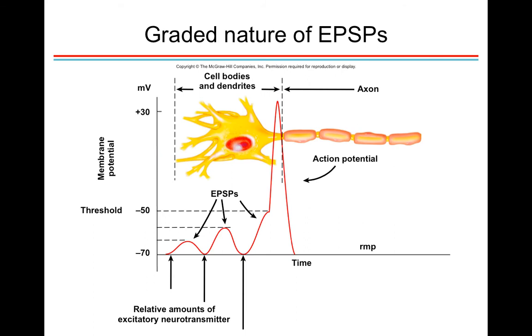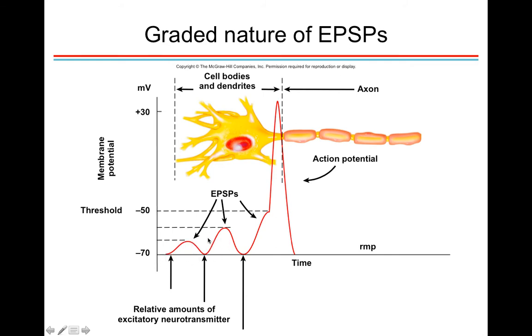So these excitatory postsynaptic potentials, as they're called, can basically depolarize the area. Let's say this is happening in the dendrites or cell body. So here we see, here's one excitatory postsynaptic potential happening. There's another one, right?